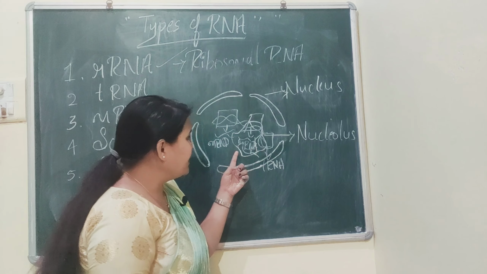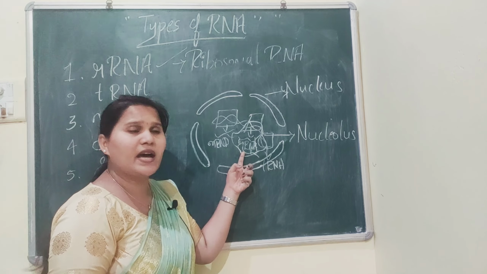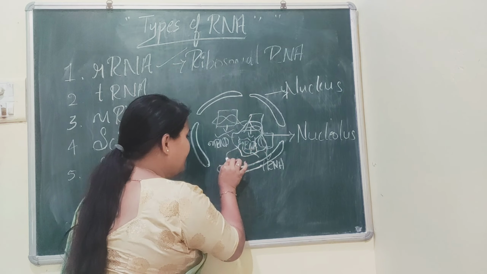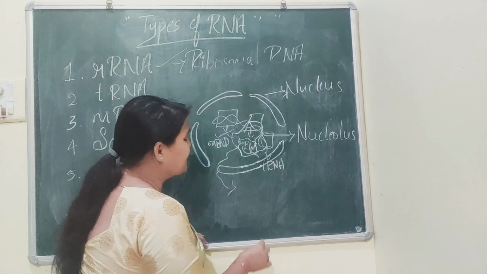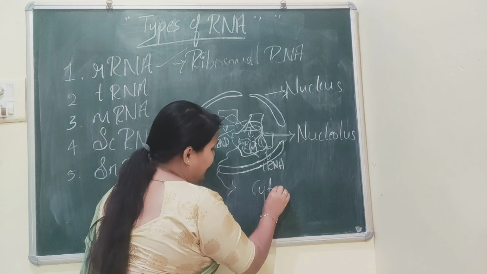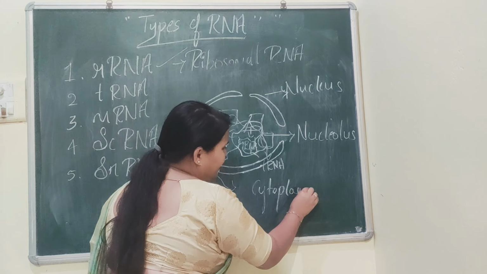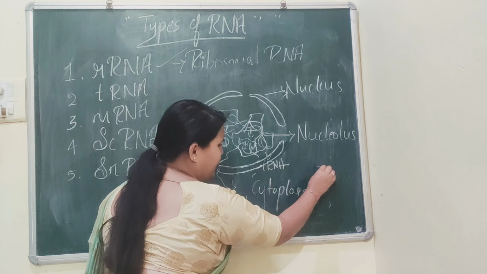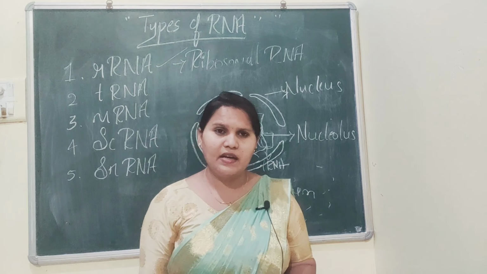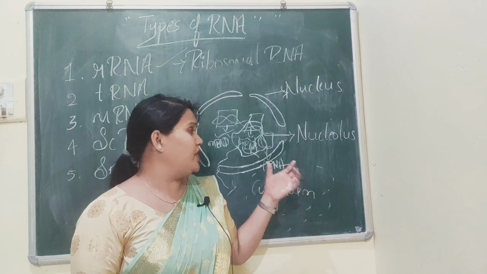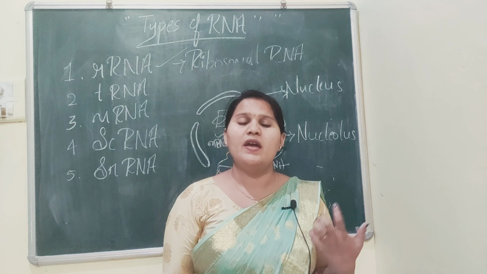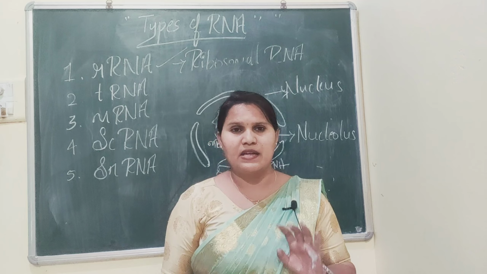Yes, after the transcription, once this rRNA is formed, it will move out and be suspended in the what? Cytoplasm or the cytoplasmic pool. Clear? So this is the location where this rRNA will be transcribed or synthesized. Clear?